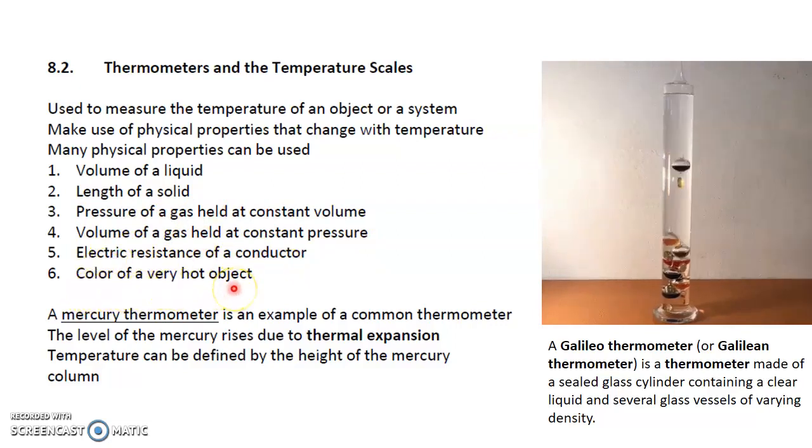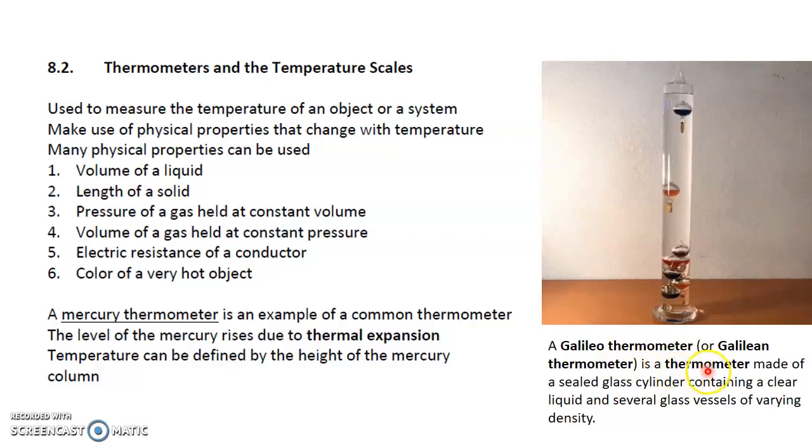A mercury thermometer is an example of a common thermometer that uses volume of a liquid as its physical property. The mercury inside of the thermometer increases in its volume due to thermal expansion. Moving on, this is also another example of a thermometer, and in this case, it is a Galileo thermometer.